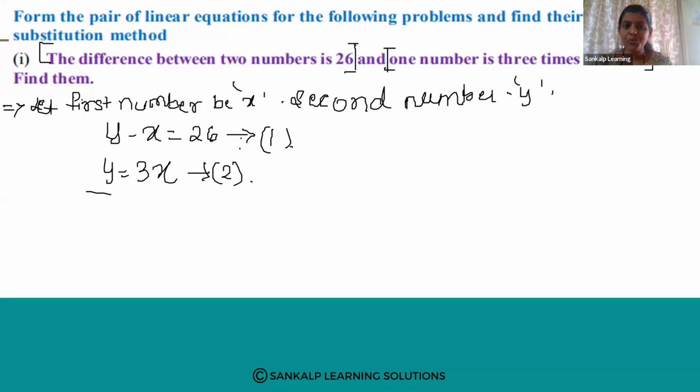Okay. Now, which method are we going to use here? Here they have mentioned by using substitution method. So we need to use substitution method. For substitution method, see here, y is equal to 3x is there. Substitute the value of y in equation number 1.